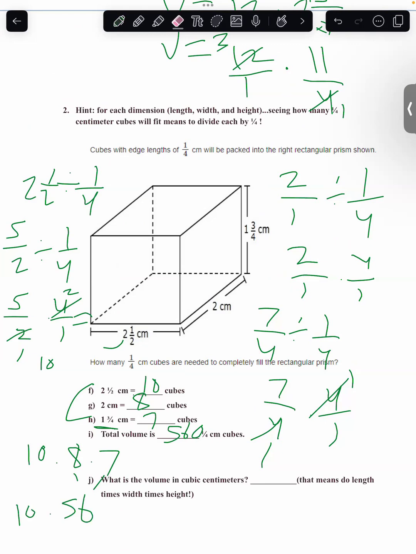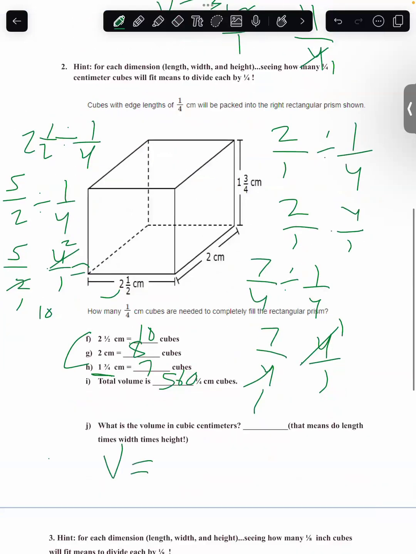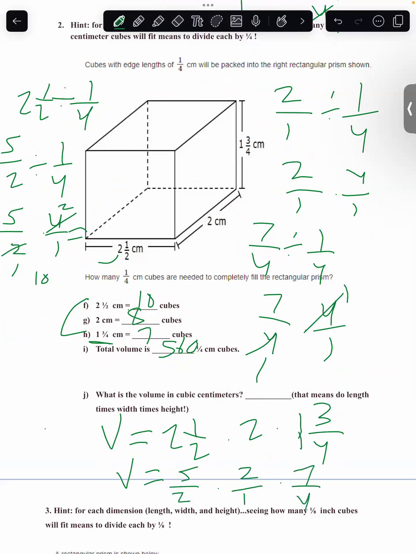All right, so the volume in cubic centimeters is going to be this. We have 2 1/2 times 2 times 1 3/4. Got to make them improper fractions. So that's going to be 5 halves times 2 over 1 times 7/4. Those 2's will cancel out there.